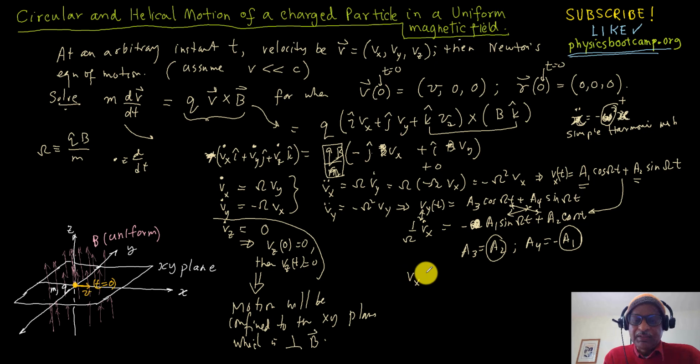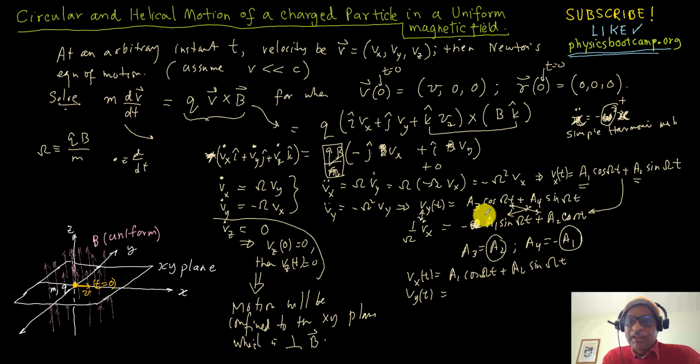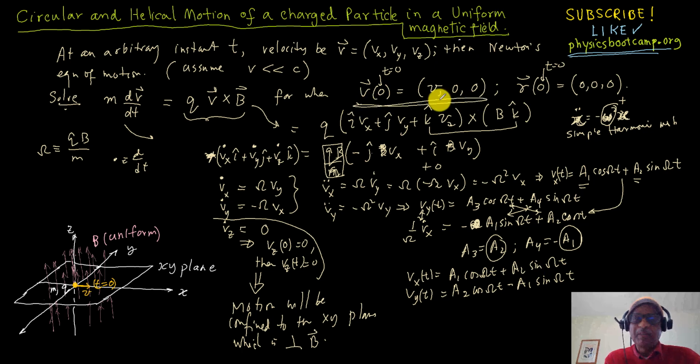So we have Vx of t is a1 cosine omega t plus a2 sine omega t, but Vy of t is a2 cosine omega t minus a1 sine omega t. Now we have initial conditions.